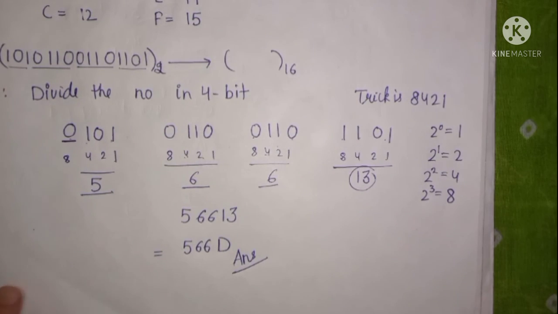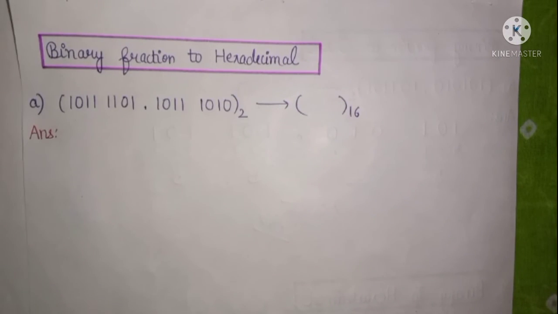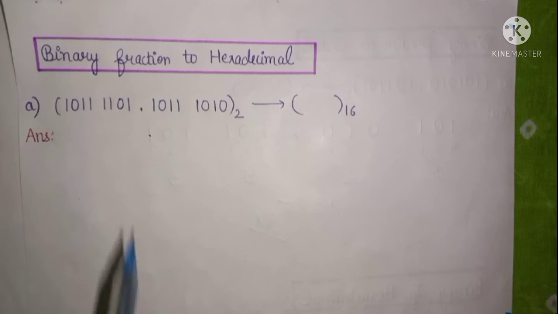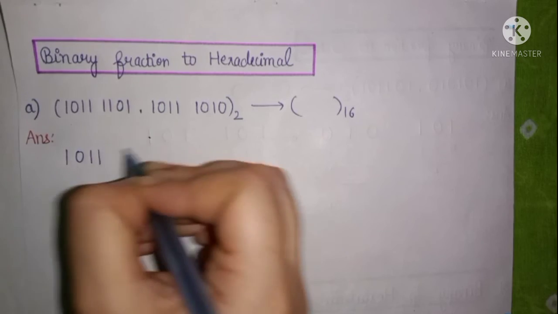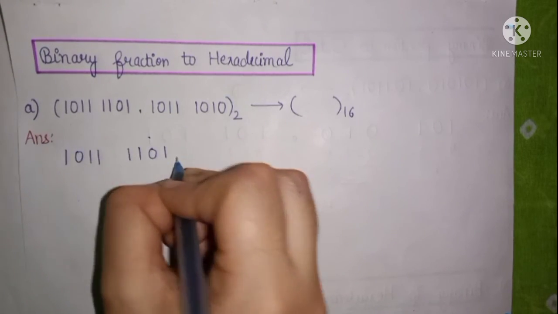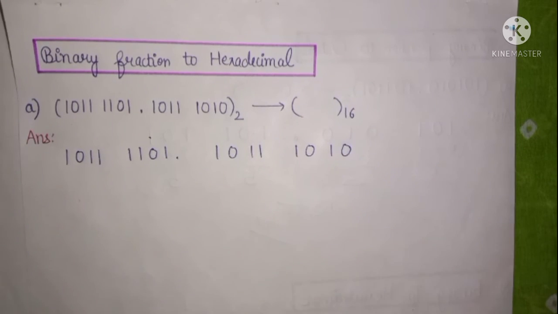Right? So our next topic and the last one is binary fraction to hexadecimal. How will we convert that? For that, you have to write this number in the free space below and again write 8421. I have already written it in 4 bits: 1011 1101.1011 1010.